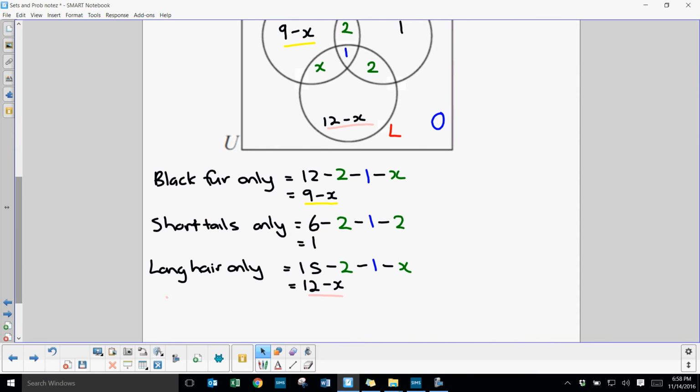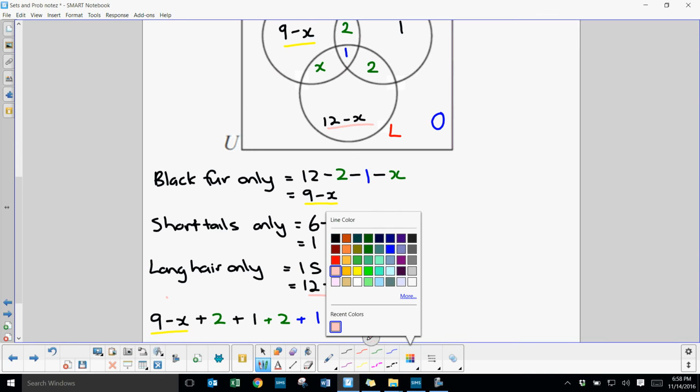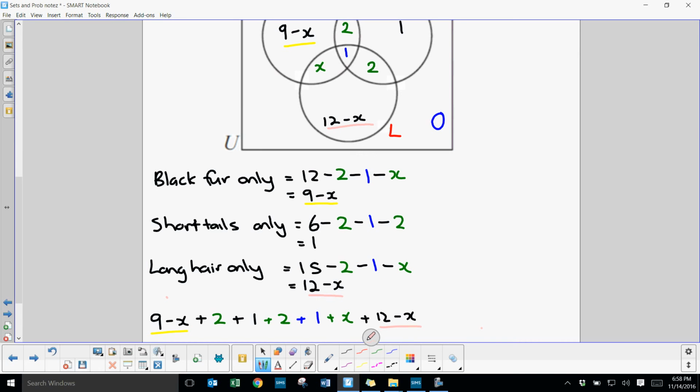So the total, we've got 9 minus x, plus 2, plus 1 from the short tails only, plus the other 2, the other green 2, plus the blue 1 in the center, plus the green x, and plus the 12 minus x as well. And we know that that's equal to 24 because the total dogs is equal to 24.